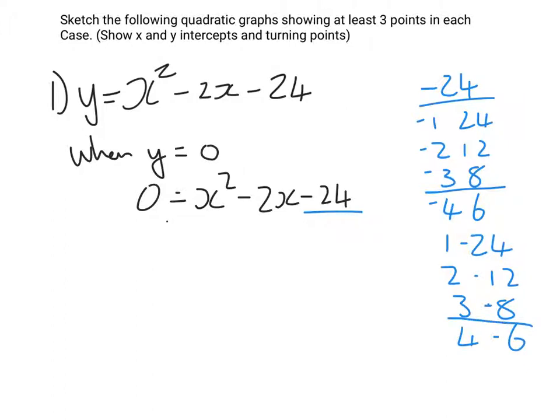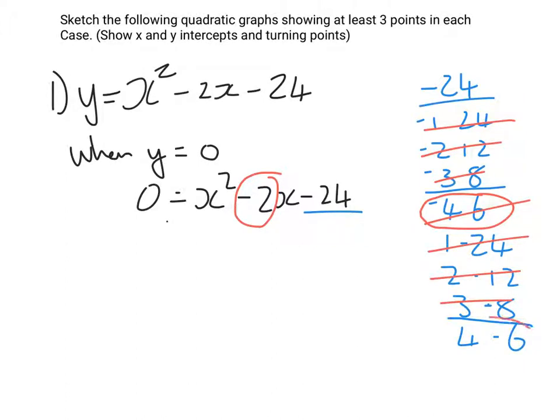Now, which numbers am I looking for? They have to add to give this negative 2. So it's not here, here, here. Now, negative 4 and 6 add to give 2, but this is negative 2, so it's not those. So it must be 4 and negative 6.